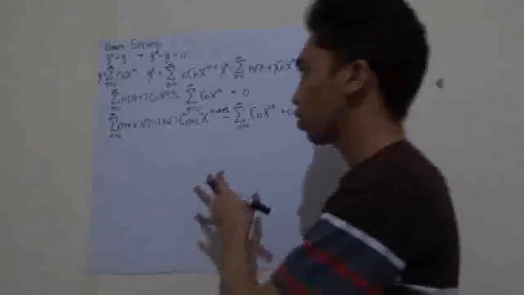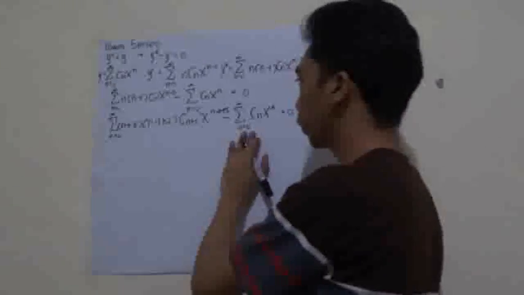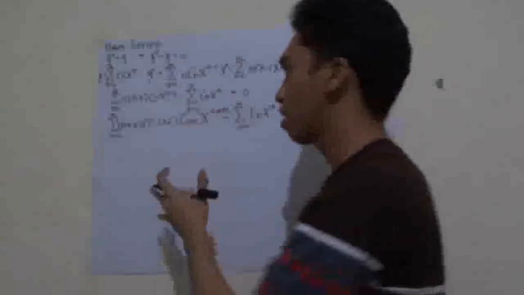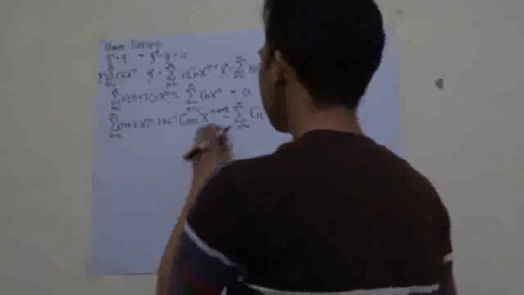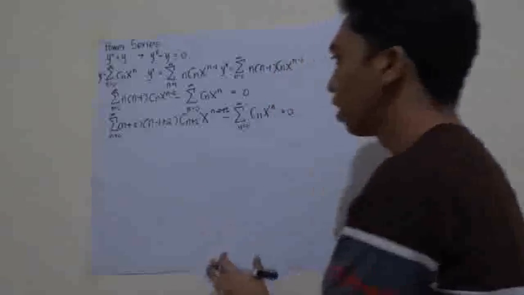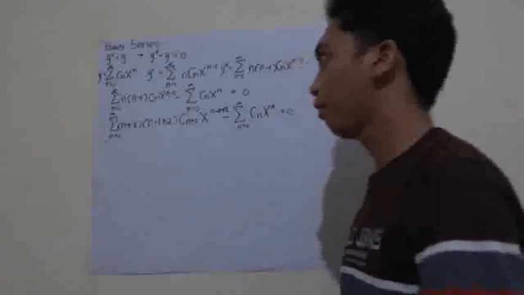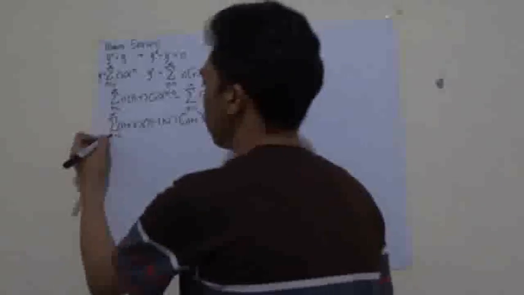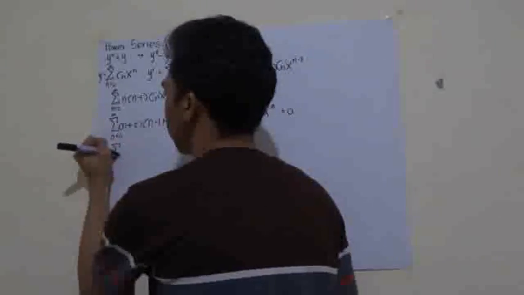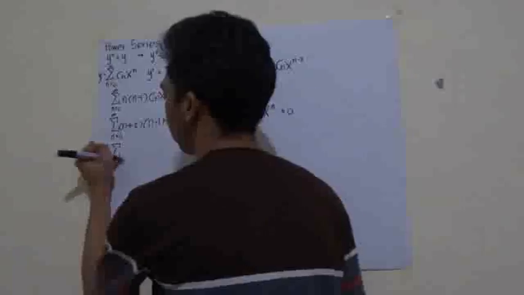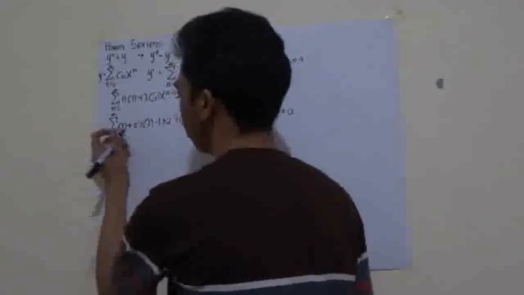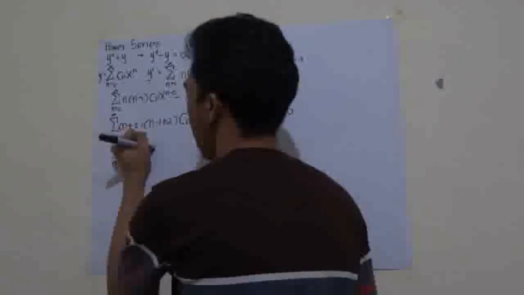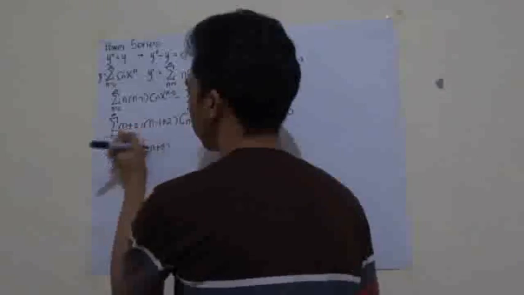And now we'll cancel this, and we have balanced the equation, in which the index of the two summations is equal to 0, and it has an x raised to n factor. So after having this, we have balanced the equation. We will now factor x raised to n to have a recursion relation. So we have the summation of n is equal to 0 to positive infinity, x raised to n, quantity n plus 2.